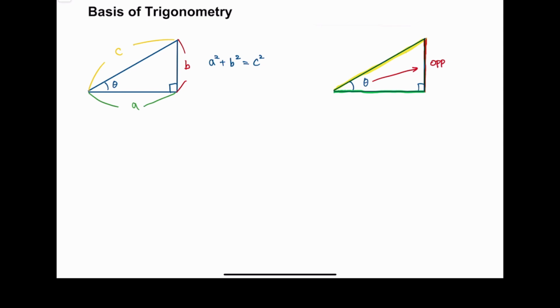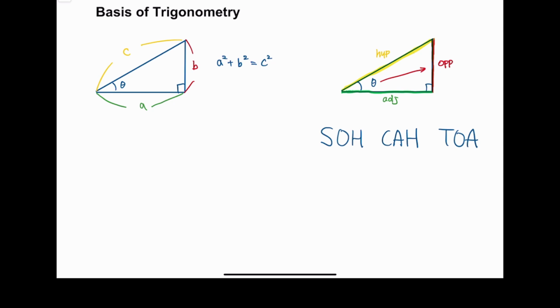And there are two adjacent sides for the angle theta, which are in green and yellow color, but we call the longest length the hypotenuse. So we always take the shorter one as the adjacent side. Because we only look at the right triangle, the angle between adjacent and opposite sides is always 90 degrees.